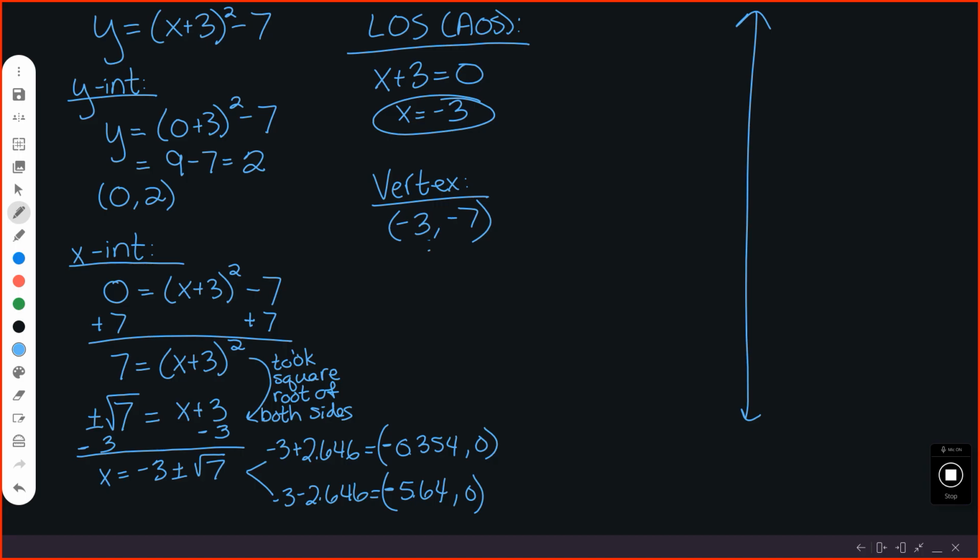One of the things that I always try to teach kids is that things are either harder to get to and easier to read, or easy to get to and harder to read. It's hard to create vertex form. You have to use completing the square.